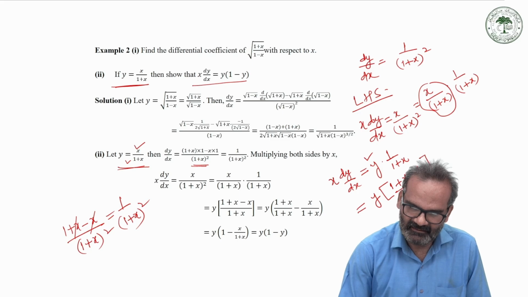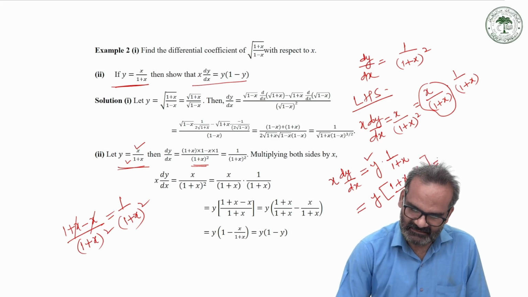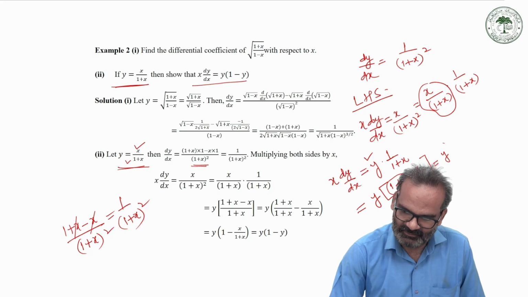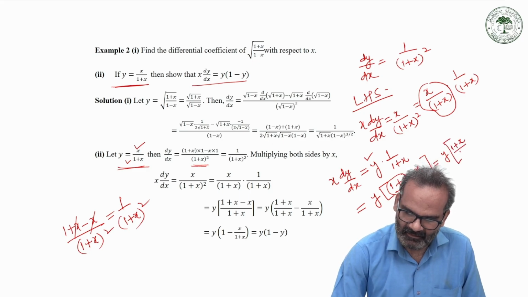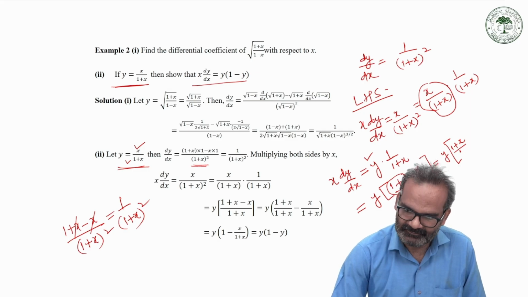What we did here? We are adding x and subtracting x. So this further can be written as 1 plus x upon 1 plus x. Break this in two parts. Part 1 is 1 plus x upon 1 plus x, minus here x upon 1 plus x.